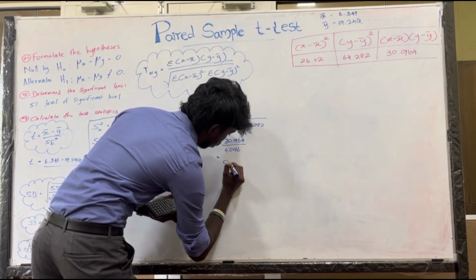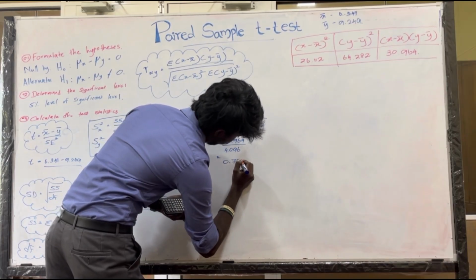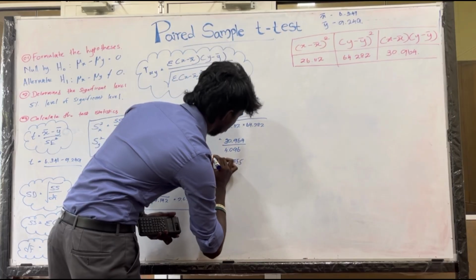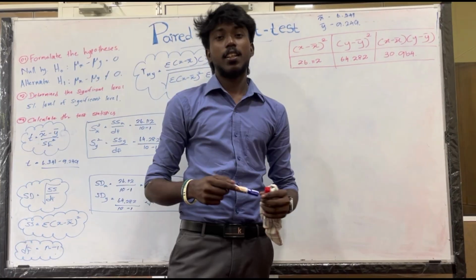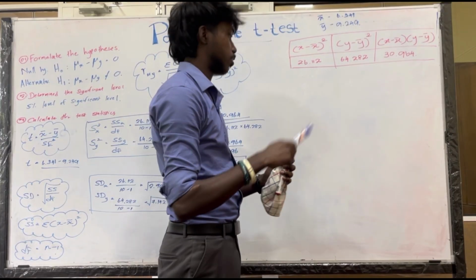The r value is 0.755. So we get the final answer of r as 0.755. Next step is to calculate the standard deviation of difference.